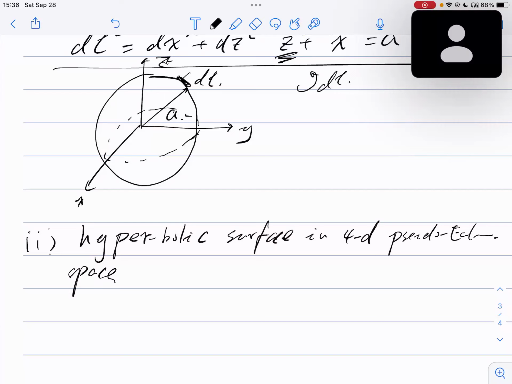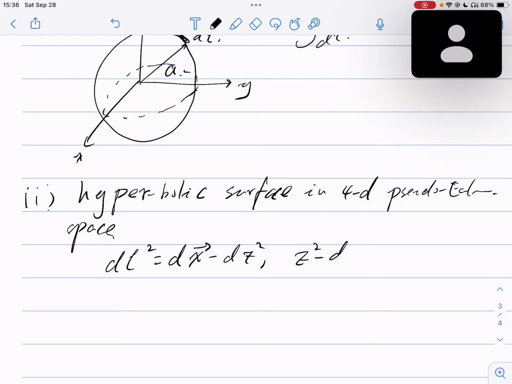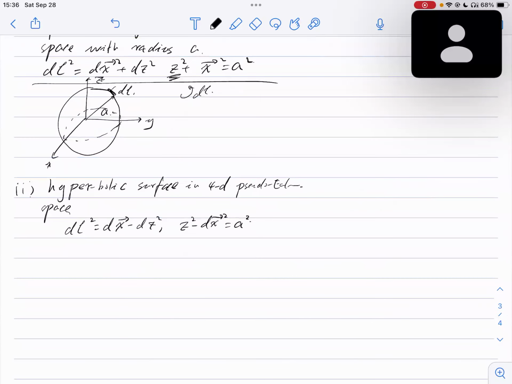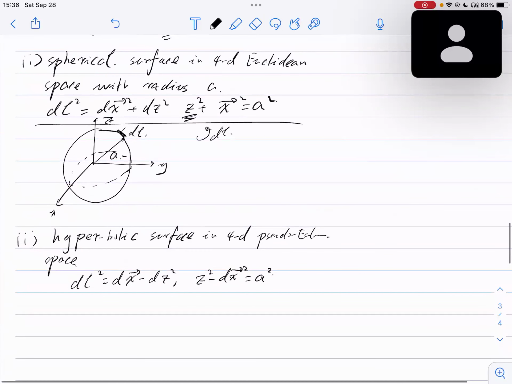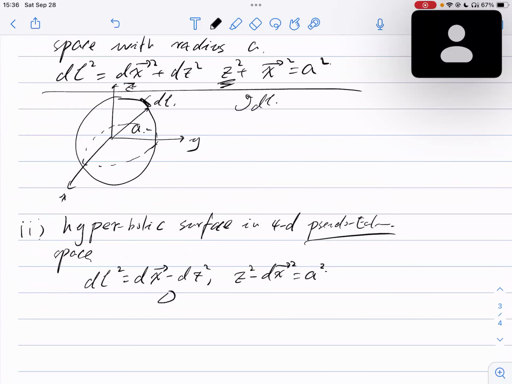And the space line element is dl squared equals dx squared minus dz squared, and z squared minus x squared equals a squared. Well, this one has no lower-dimensional analogy which we can see very clearly, because it's not a Euclidean space; it's a pseudo-Euclidean space, and you see that the matrix includes a minus sign here.